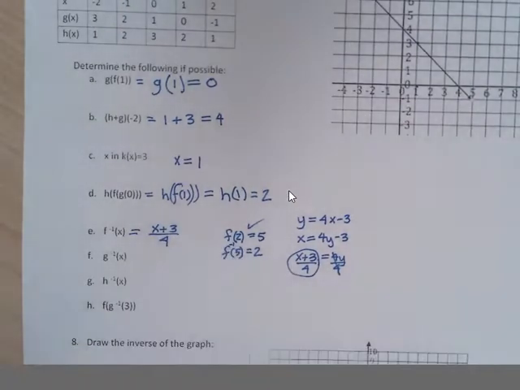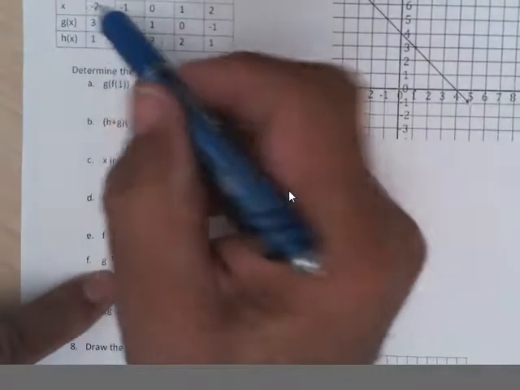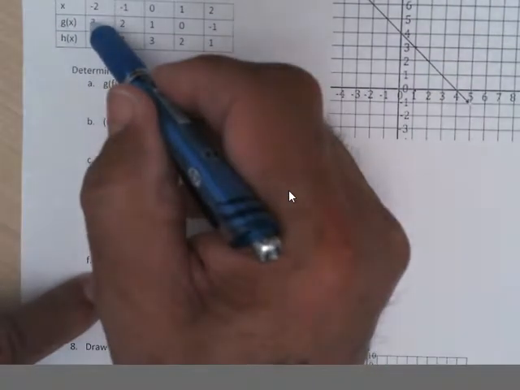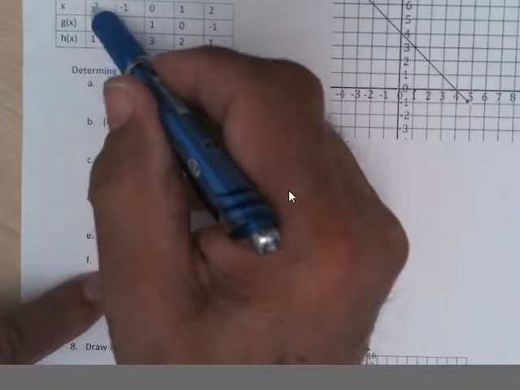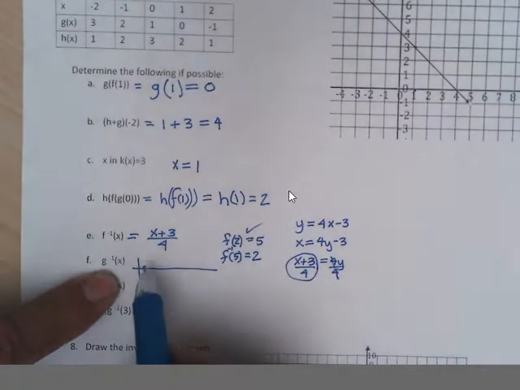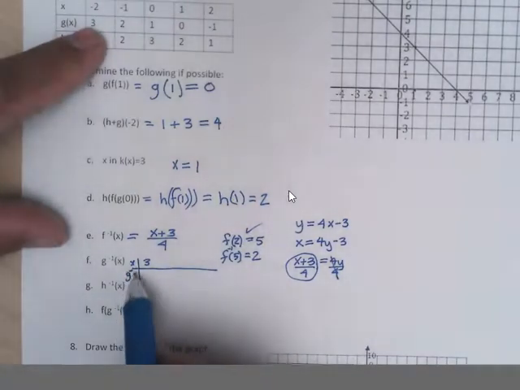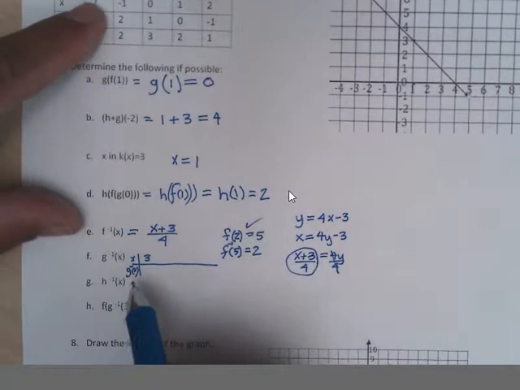It works it backwards. What's g inverse? Well, g takes negative 2 and makes it 3, so g inverse would take 3 and make it negative 2. And since I have a table, I'll make a table. It would take 3 and turn it into negative 2.